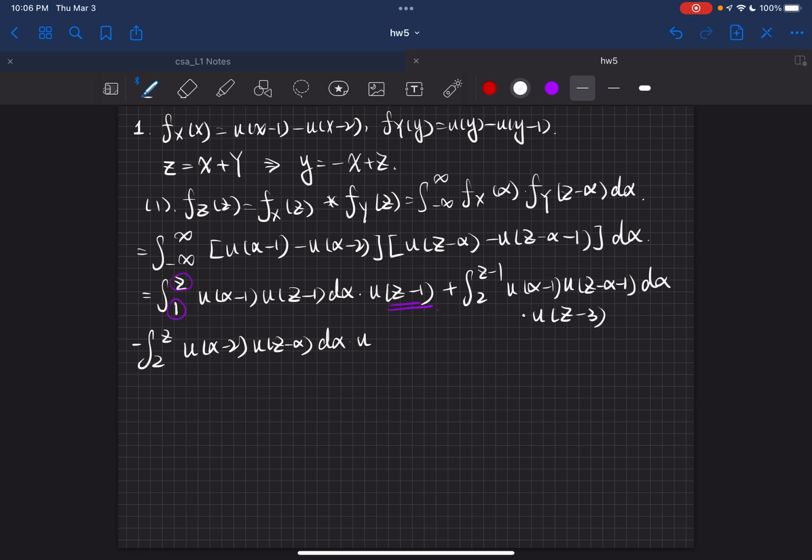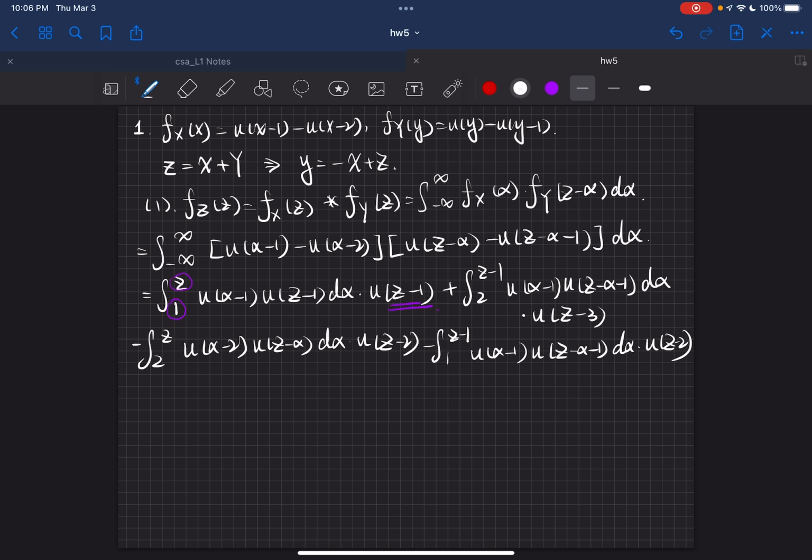Here we times u(z minus 2), and the final term is z minus 2.